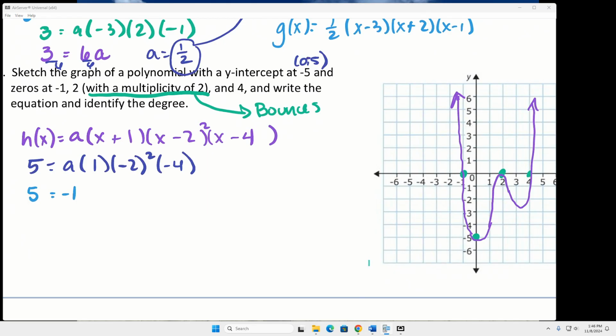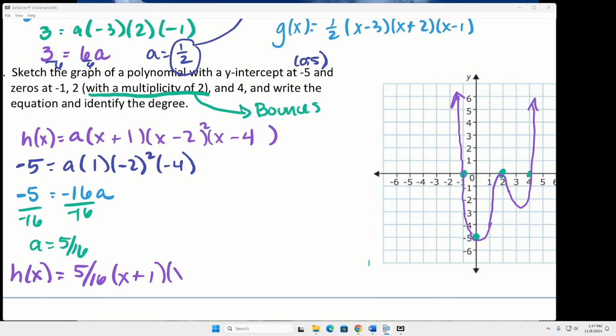That y-intercept is -5, not +5. That's the second thing they asked us to do.